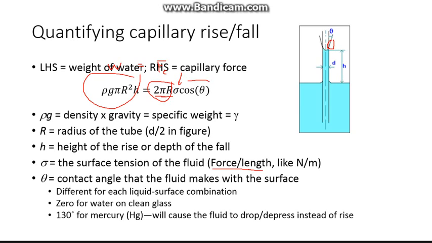In contrast, it's 130 degrees for mercury, which translates more to a meniscus that looks like so, and is actually depressing down relative to the water around it. This would be the case for mercury.